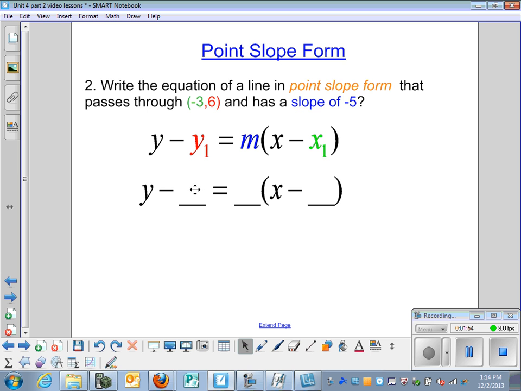I'm just going to put in my x and y value of my ordered pair and my slope. So my y value is 6, and my slope is negative 5, and my x value is negative 3. So I have x minus a negative 3, or a better way to write that would be x plus 3.